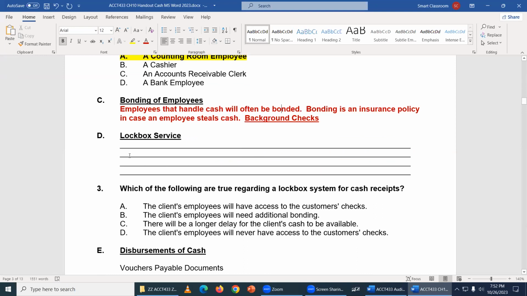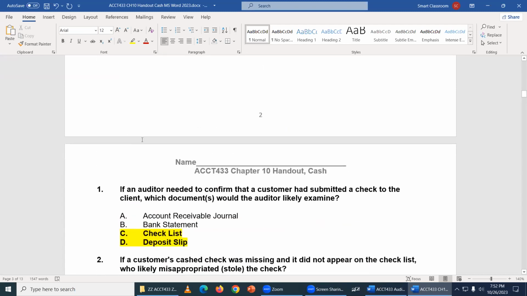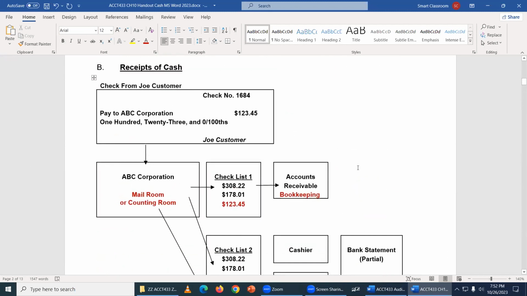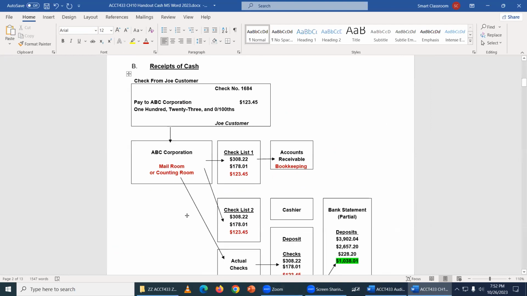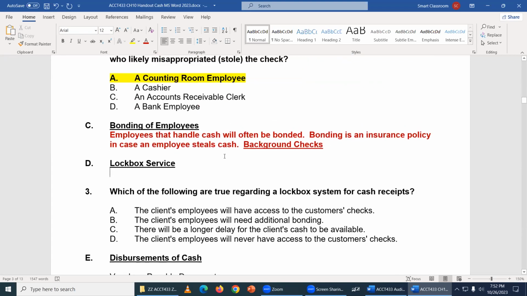Okay, a lockbox system. A lockbox system is there to avoid this. This whole thing up here is to avoid this. The lockbox system is the way a lot of places work now. Customer payments are sent directly to the bank.